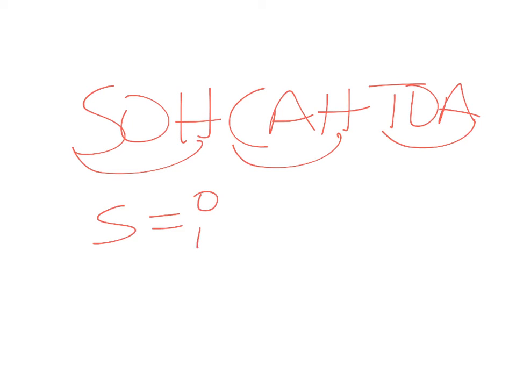Sine is opposite over hypotenuse, cosine adjacent over hypotenuse, and tangent opposite over adjacent. So each one of the letters starts the name of the side.